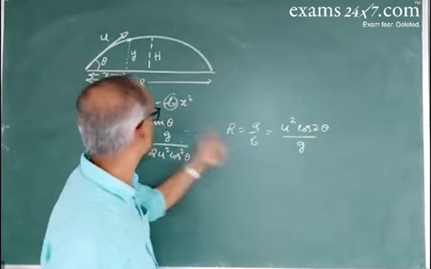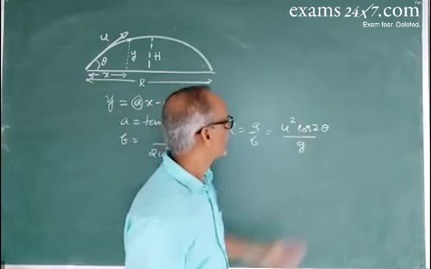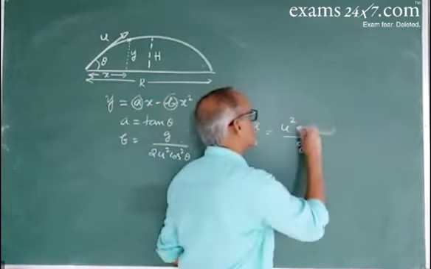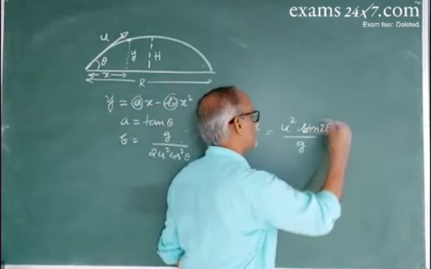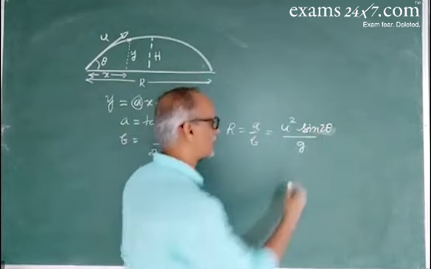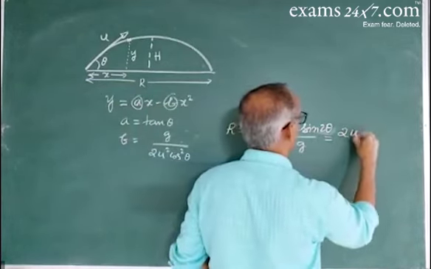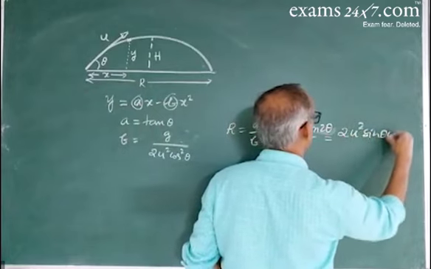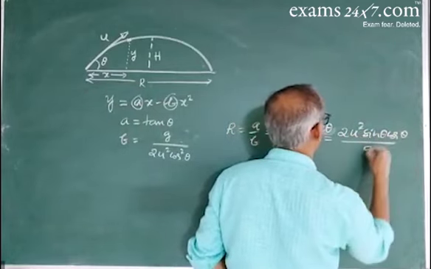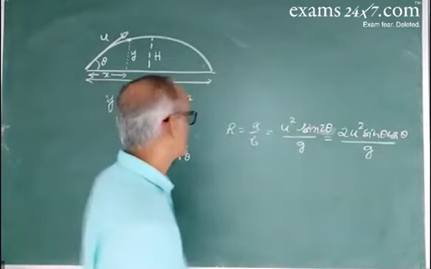Sorry, R is equal to a by b, which is u square sine 2 theta by g, which we can even write like this, which is 2u square sine theta cos theta by g, will give you the value of the range.